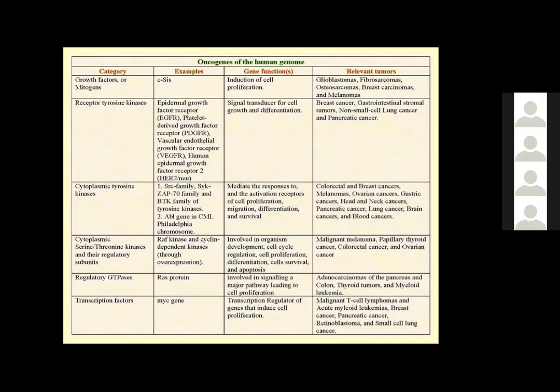Many proto-oncogenes produce proteins which regulate this signal transducing function, and mutation of these proto-oncogenes results in development of these examples of tumors. All of this is memorization, of course, there is no understanding in it. You should know the proto-oncogene, its function, and the tumors which develop due to mutations affecting these proto-oncogenes.